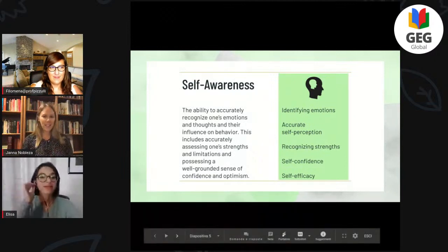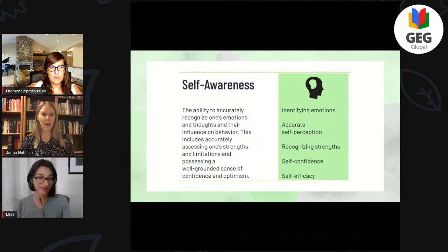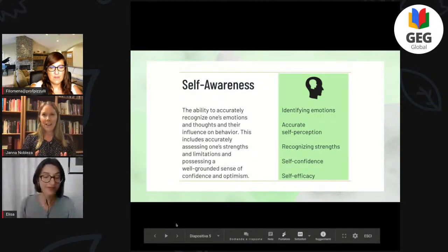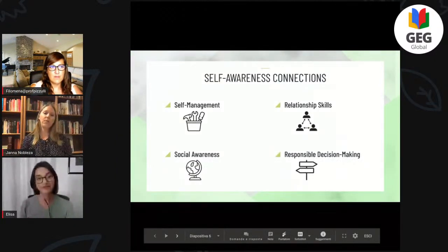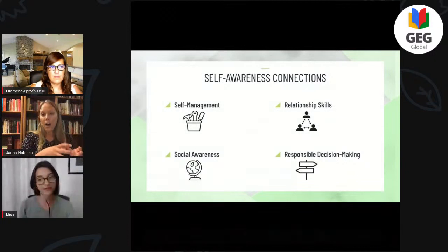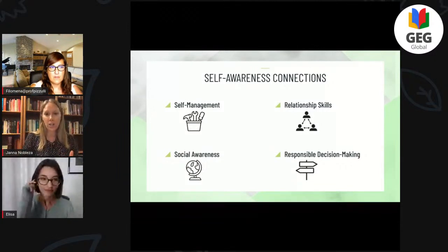So let's take a step back and talk a little bit about how self-awareness really interconnects with the other competencies as well. If we're talking about navigating who we are and our emotions, the next logical step is self-management.